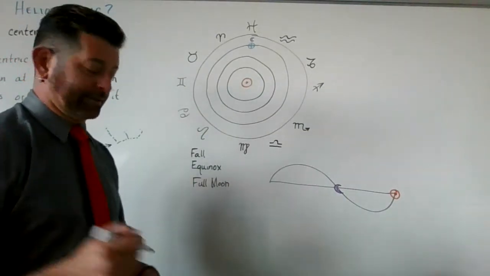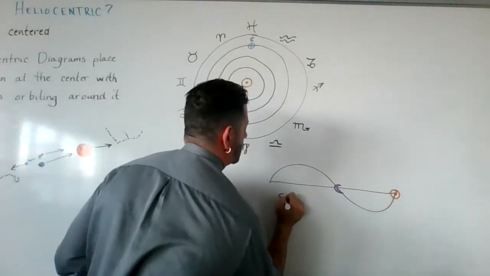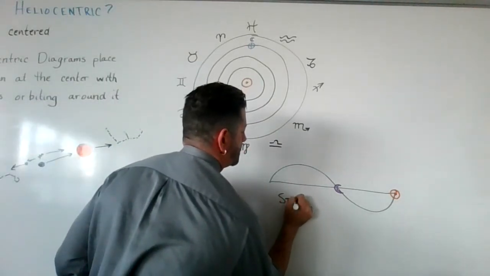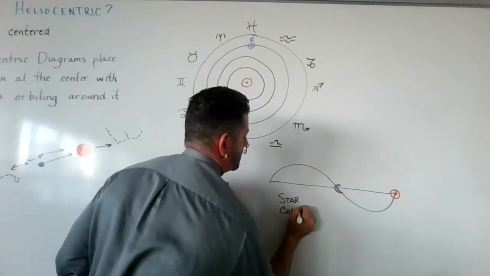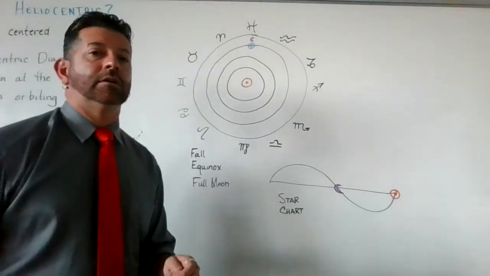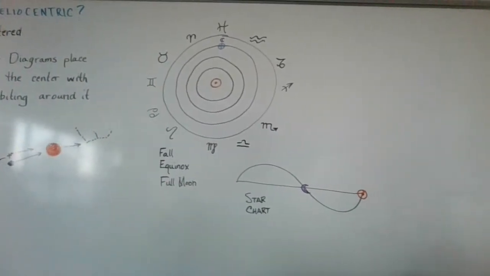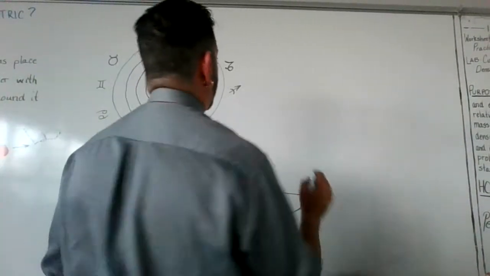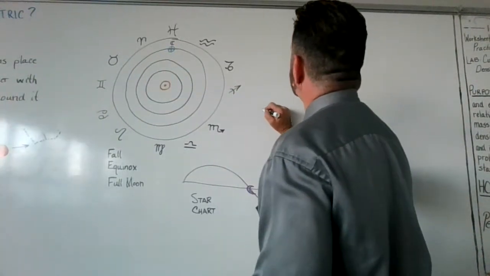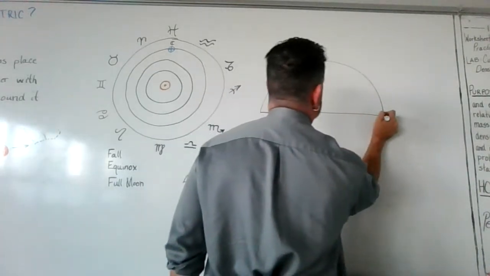You know where we're going next. That's right. So this is the star chart. We're going to draw a geocentric diagram. Ready? Here we go. So now, put in your arch.